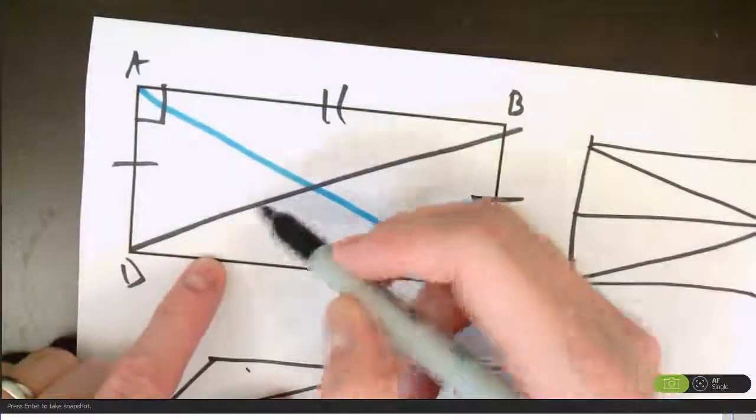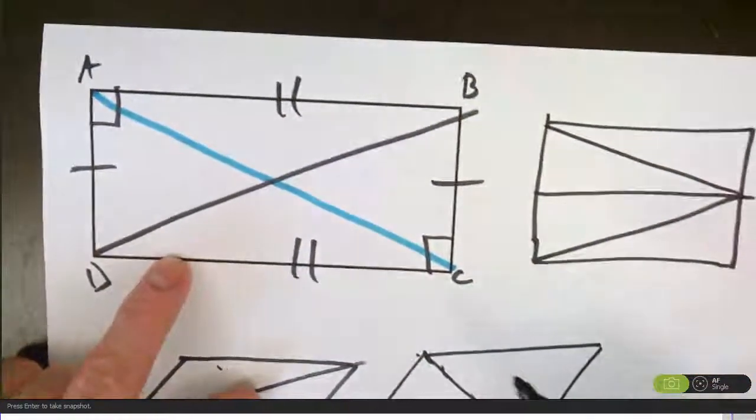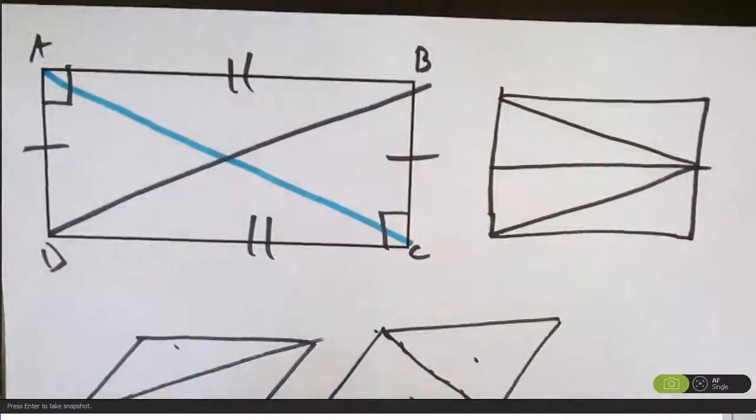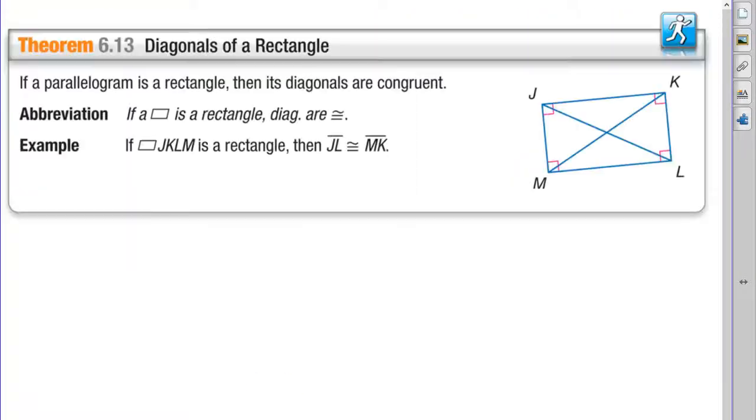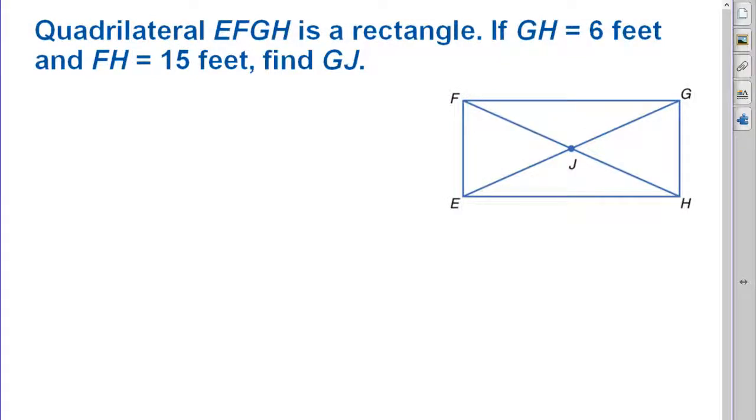So that means the two diagonals also have to be congruent. So that's our theorem. Hopefully it's pretty evident that if a parallelogram is a rectangle, then its diagonals are congruent.